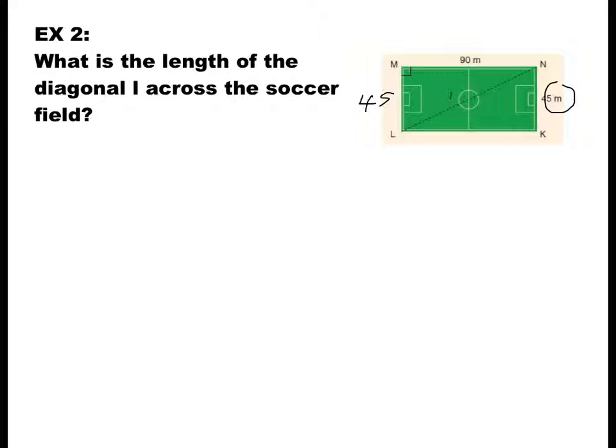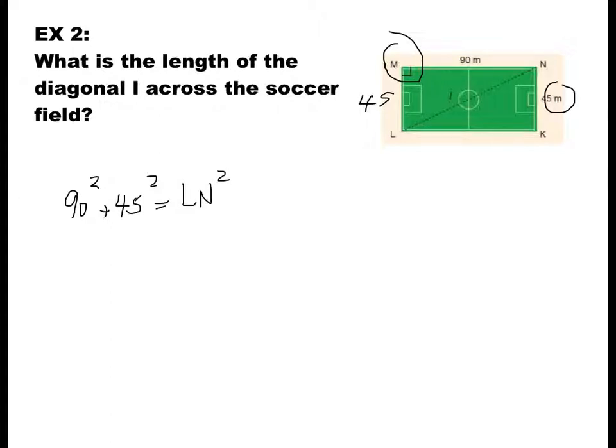Now, in the triangle NML, this angle is obviously 90 because of the rectangle. So I can use the Pythagorean theorem. I can write that 90 squared plus 45 squared is equal to LN squared.